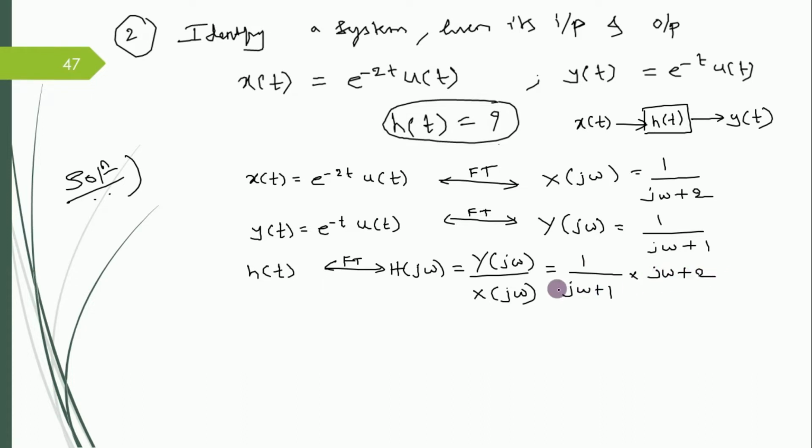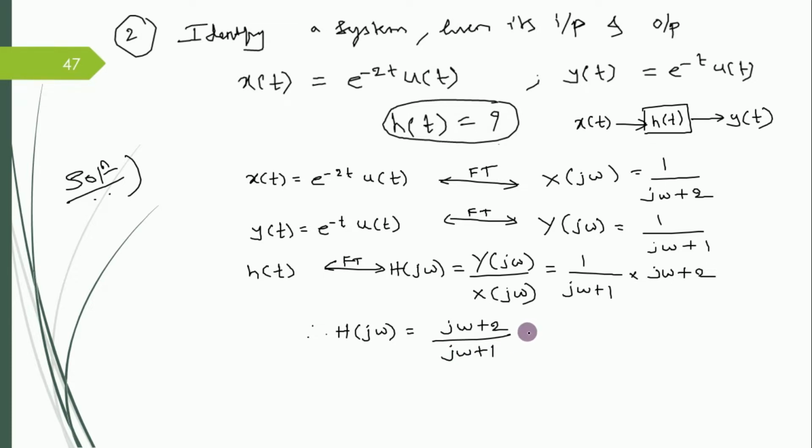So therefore h of j omega is equal to j omega divided by j omega plus 1 plus 2 divided by j omega plus 1. So I can write it in any form, in this form: j omega plus 2 divided by j omega plus 1.